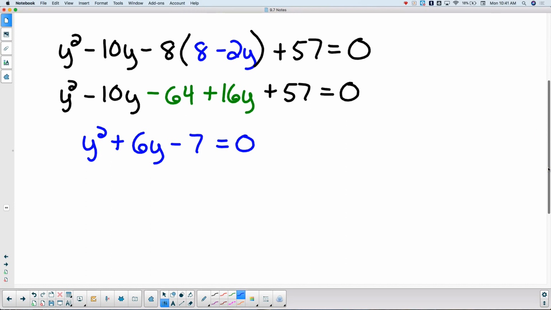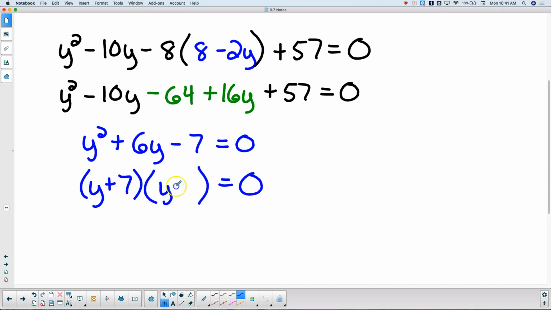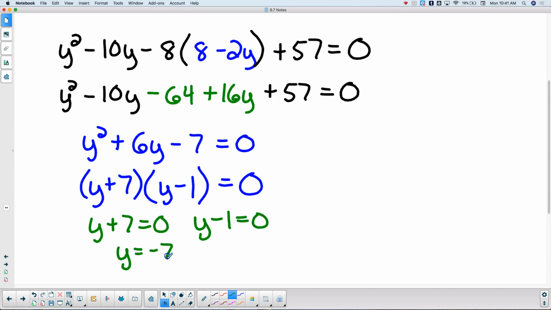Two numbers that multiply together to be negative 7 and add to be positive 6 are positive 7 and negative 1. So I get y equals negative 7 and I get y equals positive 1.